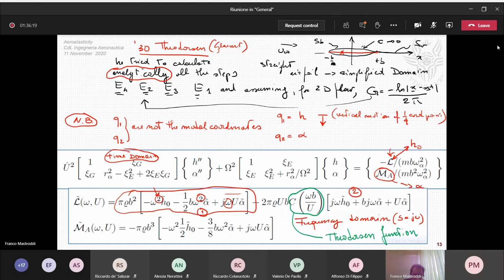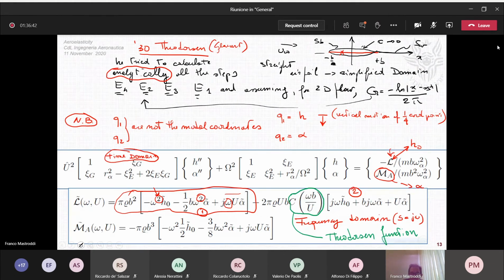Note that in the moment we don't have this function C just because we have reduced our load on this rigid body, assuming as the center of this load 1/4 of the chord.